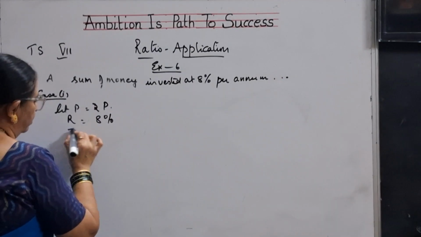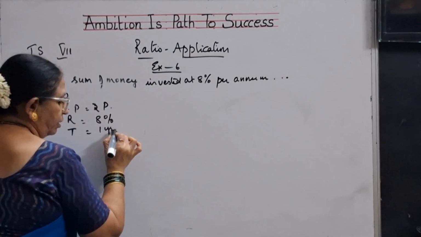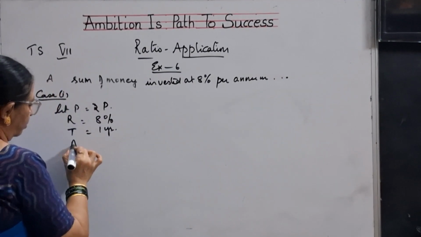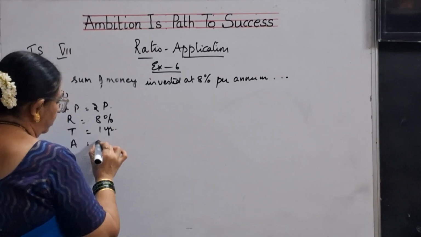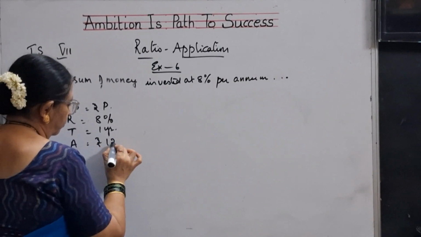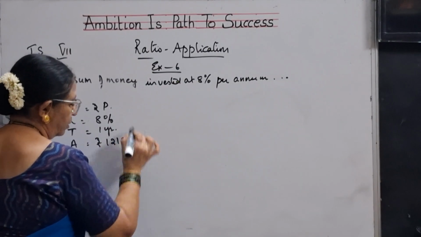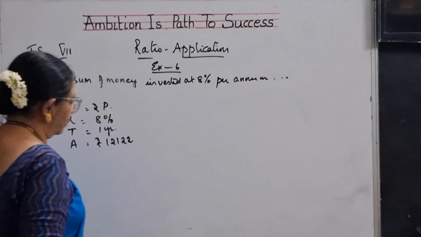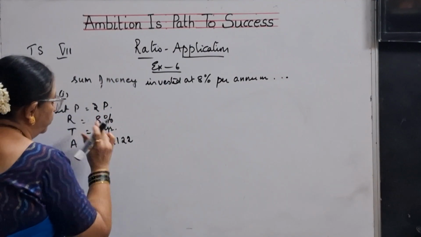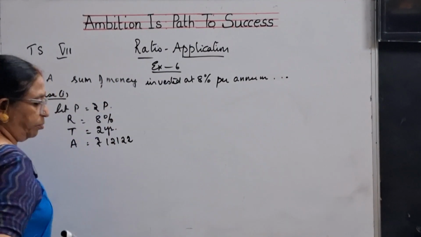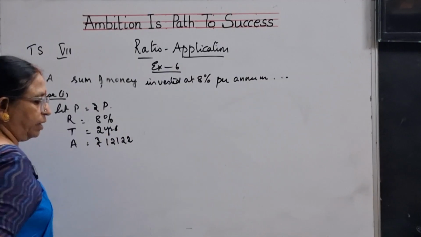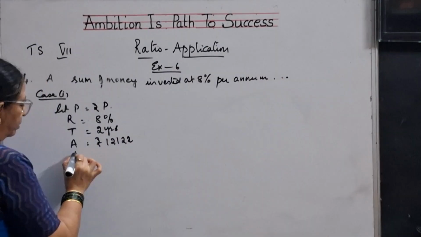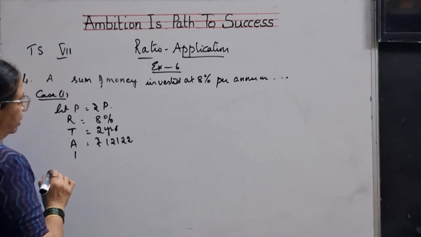They have given the amount as rupees 12,122. Sorry, the time they have given is 2 years. So T is 2 years. So first you have to find out what is P.